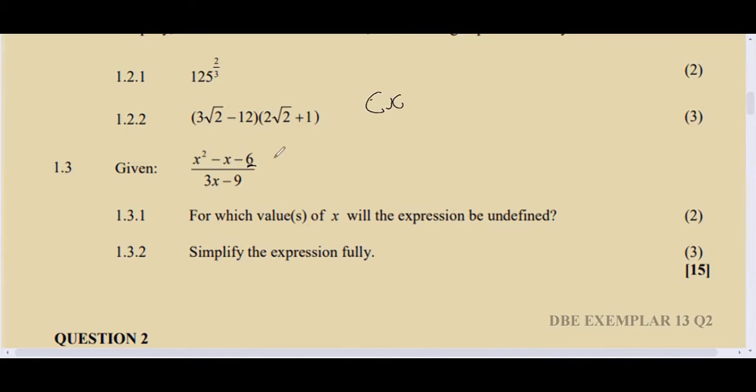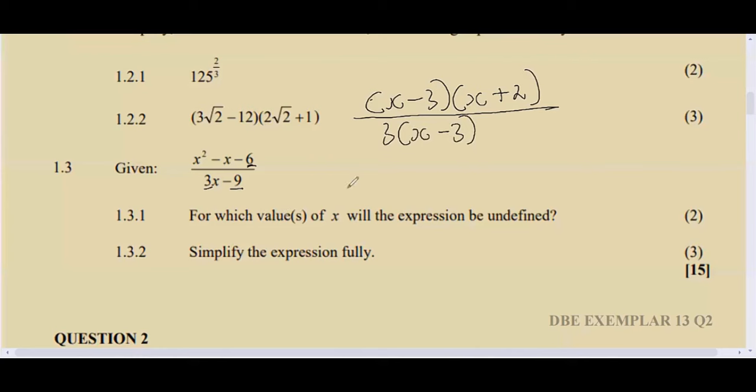Then given the fact that our middle term is a negative, we know that 3 must be a negative, but the 2 here must be positive. But then looking at the denominator, we can see that there is a common factor in between these numbers here, because 3 can go into 3, and then 3 can also go into 9. So we can factor out this 3, then we are left with x minus 3.